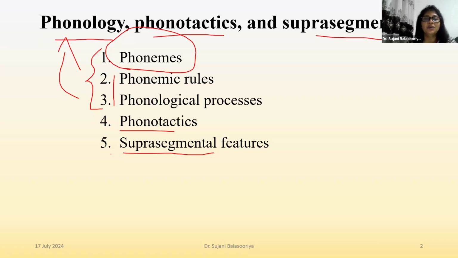And then number 5 is already a known thing. You know about stress, intonation, pitch, all these things, but here we are going to discuss a little more about suprasegmental features. These are the areas we are going to discuss today. I will try my level best to cover as much as I can from all these 5 areas.